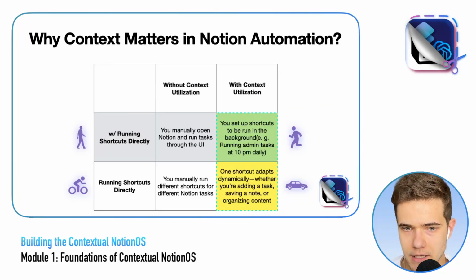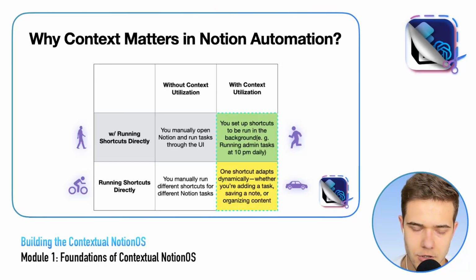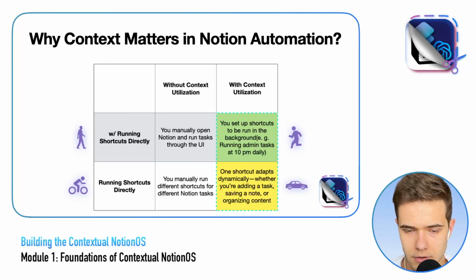So why does context matter in Notion automation? Without context utilization and without running shortcuts directly, you're actually really far behind. And with this course, we will try to fix that. So I built this table that schematically shows the combinations of context utilization and running shortcuts directly or not.